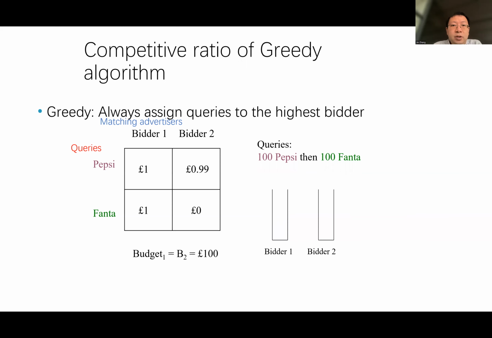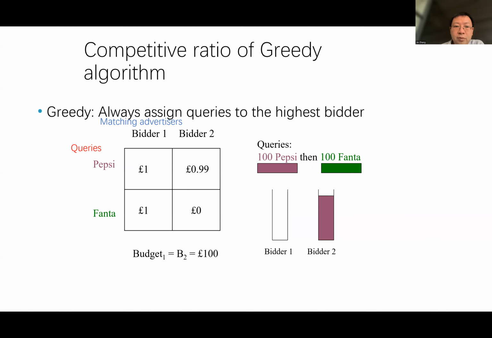Let's figure out the competitive ratio for this case. A better solution for the search engine is that when 100 Pepsi queries come, the search engine displays bidder two's advertisement. So in this case, the search engine generates £99 revenue.